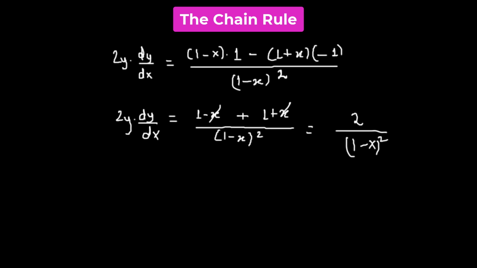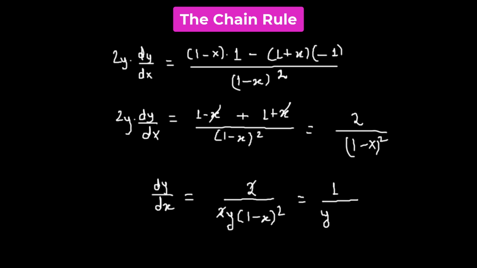So we now divide both sides by twice y, so that gives us dy over dx equals 2 divided by twice y multiplied by 1 minus x whole square. So 2 and 2 get cancelled, which leaves us with 1 over y times 1 minus x whole square.